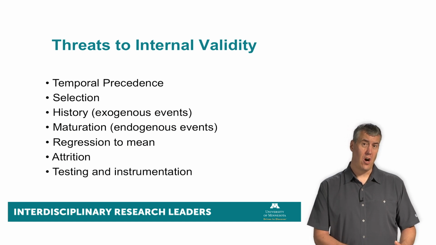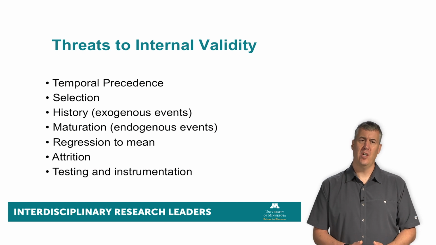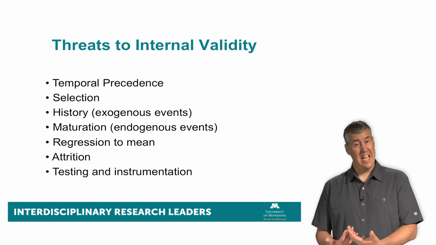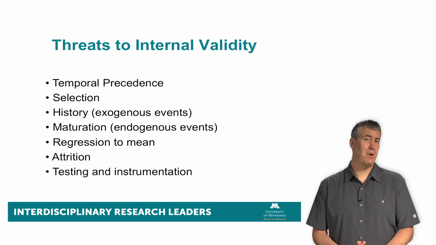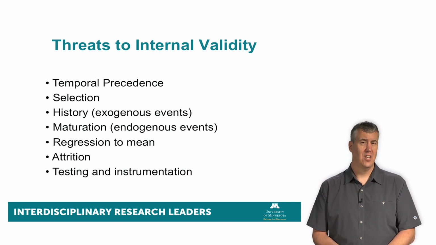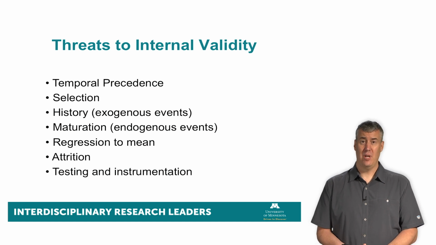Does the cause precede the effect? Selection, largely understood as people choosing to be exposed or treated as opposed to taking anyone. Those who choose to buy red Ford cars probably like red Ford cars. Tough to ask them to be in a survey about whether they like blue cars because they're choosing red cars.